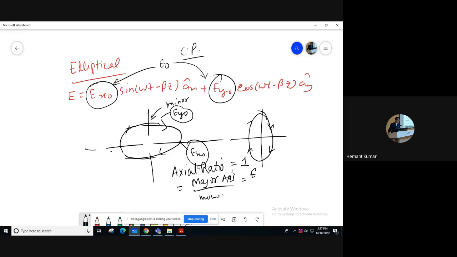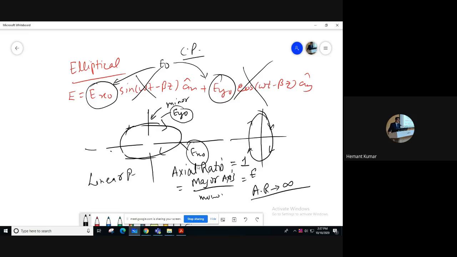And if the axial ratio is infinity, it means the minor axis is 0. Minor axis is 0 means either this component is 0 or that component is 0. It means only one component is present, so it is linear polarized.